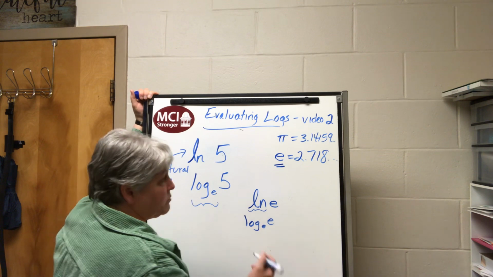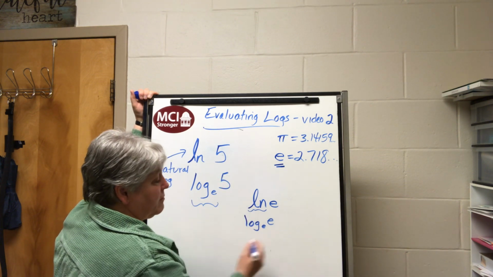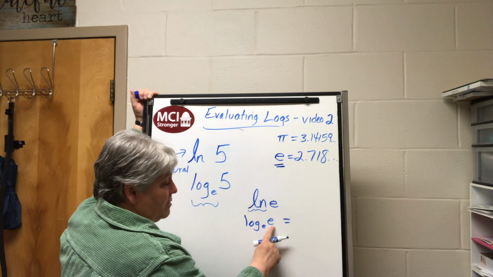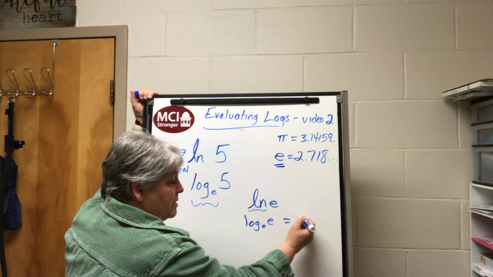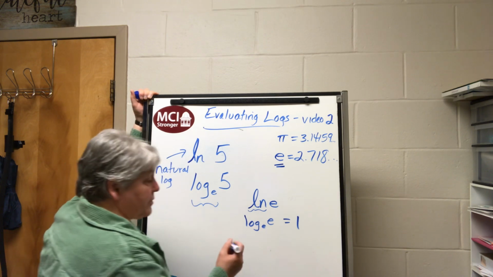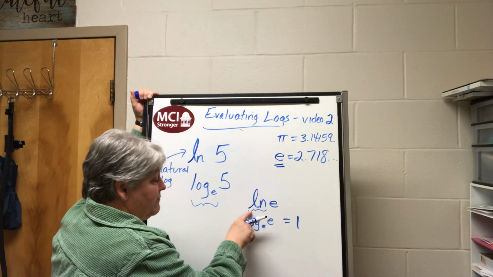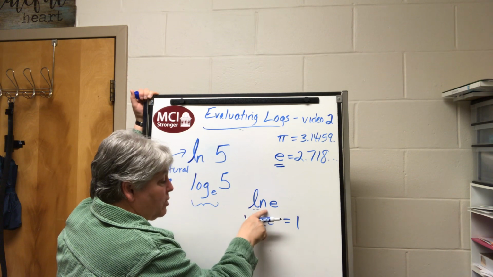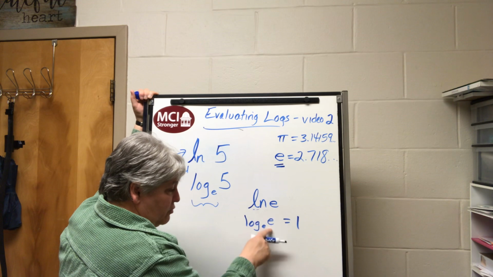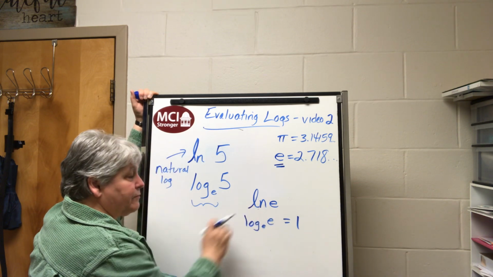That was one of the properties we discovered during the first video. Anytime the base and the argument match, the exponent is going to be a 1. So that property is still true. If you get confused with this notation, rewrite this portion of it. This is the argument, so you just carry that down.